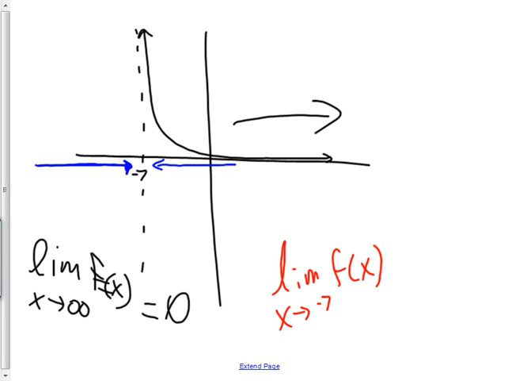But the limit as x approaches negative 7 from the positive numbers, which were over here, you'd put a little plus here. And that means I'm approaching the negative 7 from the positives. Then my answer has a possible meaning. If I'm going from this side, where is my y going to as I get closer and closer to negative 7? It's getting higher and higher, isn't it? What's the answer? Infinity is right.